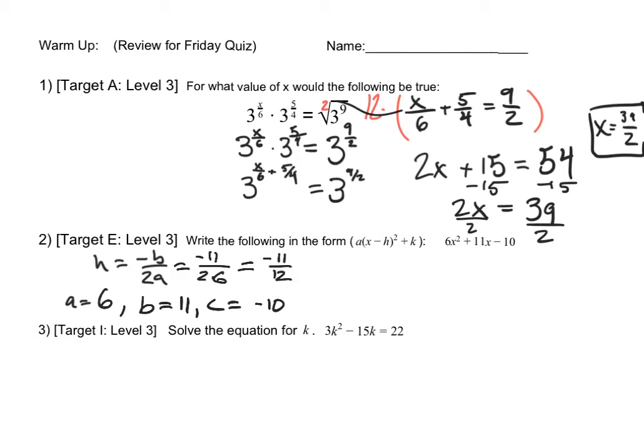Well, that's gross. All right, so then you need to plug that in to find k. So that means k is going to be 6 times this negative 11 over 12 squared plus 11 times negative 11 over 12 minus 10. Whatever that number is.